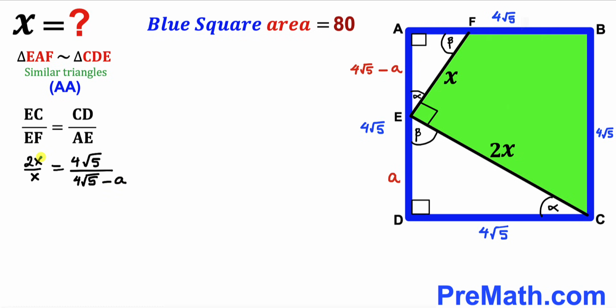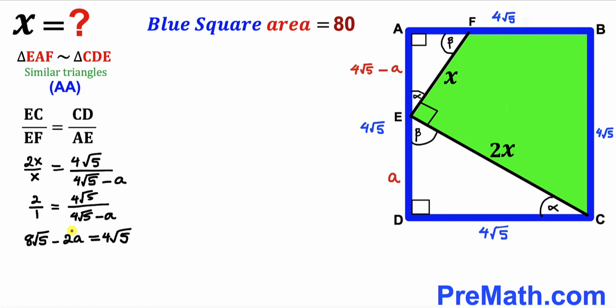Here we can see the x and x cancel, so we end up with 2 divided by 1 equals 4 times the square root of 5 divided by 4 times the square root of 5 minus a. Now we are going to cross multiply, so we can write 8 times the square root of 5 minus 2a equals 4 times the square root of 5.